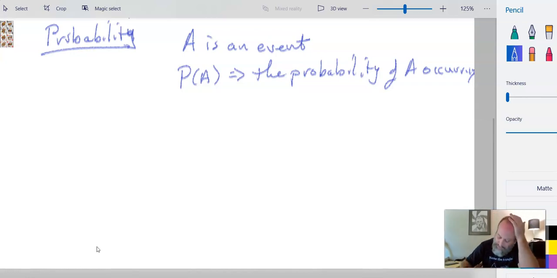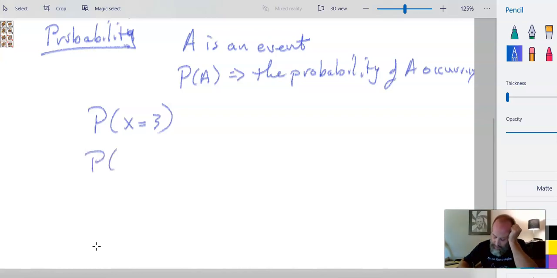You can write this stuff a lot of different ways. I could write things like the probability that x is equal to 3. That's actually a thing that you can write because x could equal 3. That's a thing that could happen, so you can compute its probability. You can have the probability of drawing a male student from a basket of all of your students.